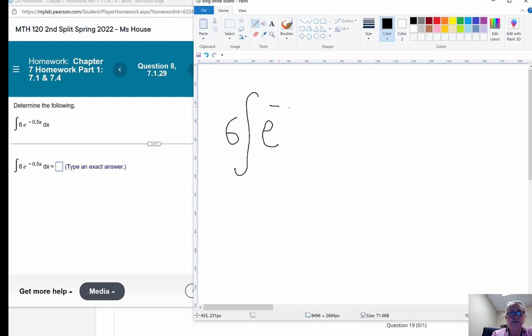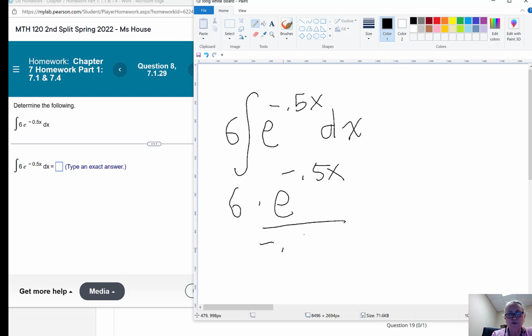E to the negative 0.5x dx. So that's going to be 6 times e to the negative 0.5x divided by negative 0.5. Don't forget that number has to be divided there.